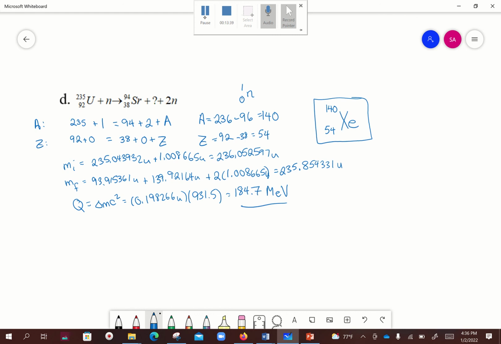So again, what I started with is heavier than what I ended up with, so this is exothermic. All right, so this is a nuclear reaction, something that might happen inside a nuclear bomb or a nuclear power plant, and it releases a lot of energy, and we use that either for destructive purposes or for creating electricity.